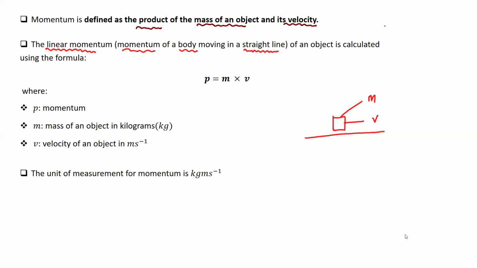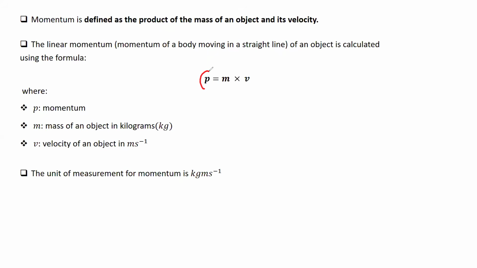In physics, we denote momentum with the symbol P. So P stands for momentum. And as a formula, it is the mass of an object and its velocity. In other words, P, momentum, is mass times velocity.